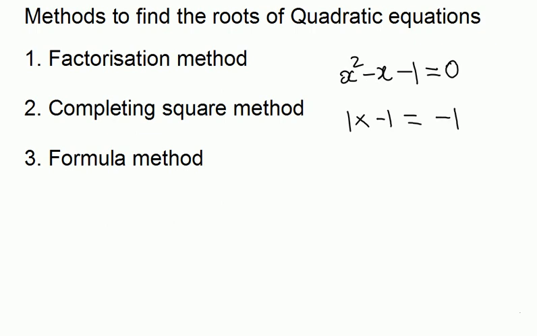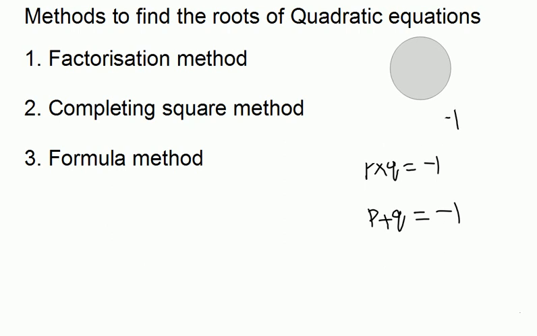So here we must get the coefficient of x, that is minus 1. So p into q value is equal to minus 1, and p plus q value is also minus 1. So we need to find such type of numbers, but here we are unable to find those two p comma q numbers easily. So that's why we are deriving a formula for finding the roots of this quadratic equation.